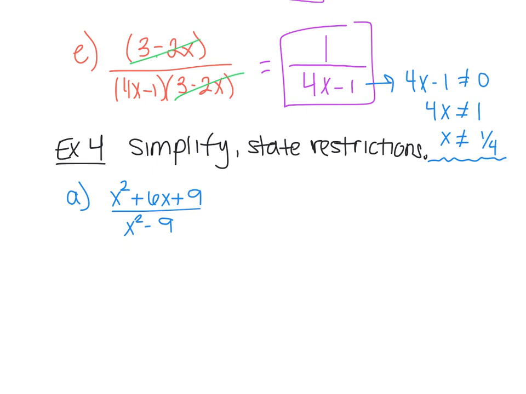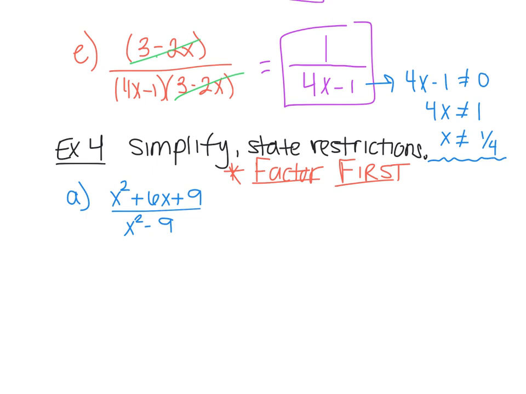That is a big red flag to factor first. And if anything, when you're simplifying expressions, the first thing you're going to do, if you can, is factor. Because when it's in factored form, then you've got things that you can cancel. Again, the big mistake that I see most often is people saying, oh, I've got an x squared here and an x squared here, so I can just cancel those out.